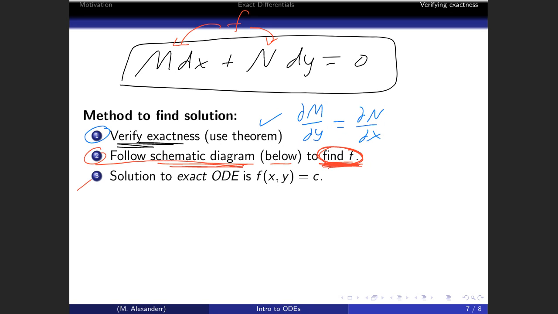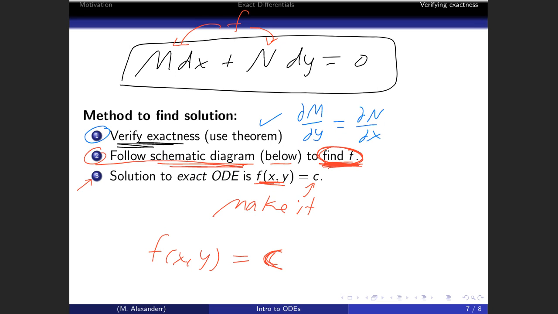And just to finish here, step number 3 is, after you find the F function, you make it equal to a constant C. So you get a formula for F, and at the end of the day, you make it equal to a constant C, and from there you essentially solve the differential equation.